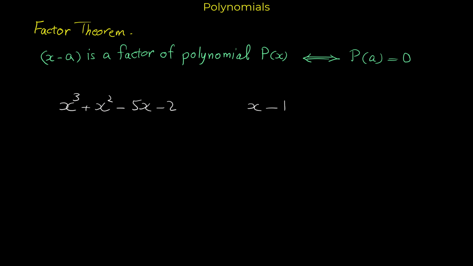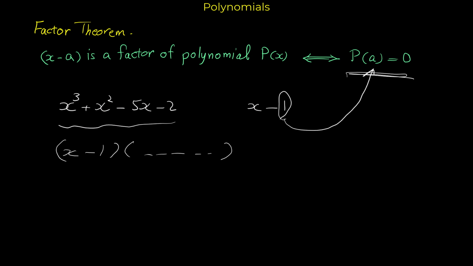For example, x minus 1 is a factor of this polynomial, which means that we can factor this polynomial in the form of x minus 1 times something if, when we plug in 1 in the polynomial, p of a, p of 1 equals 0.